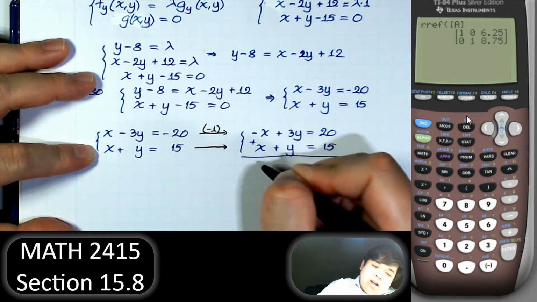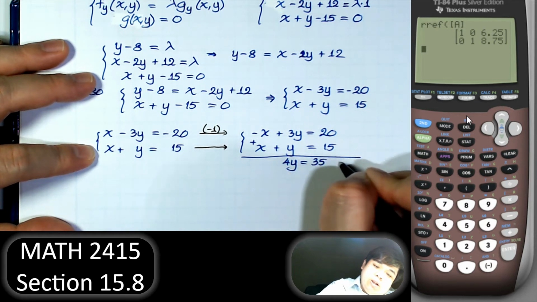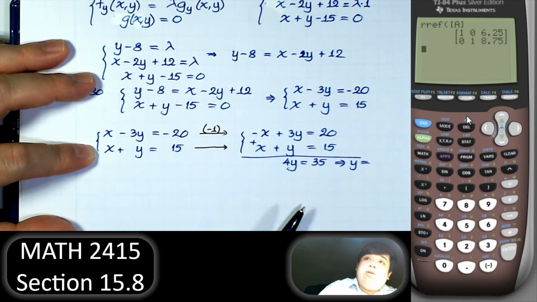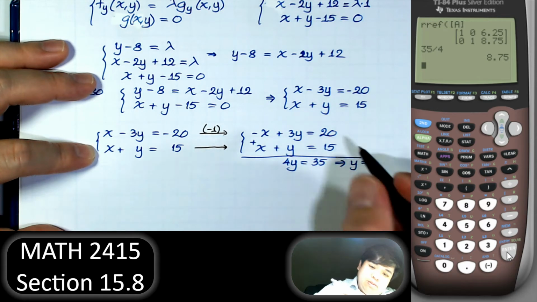Add side by side, x cancels out, 4y is equal to 35. So y equals 35 divided by 4, which should be 8.75.